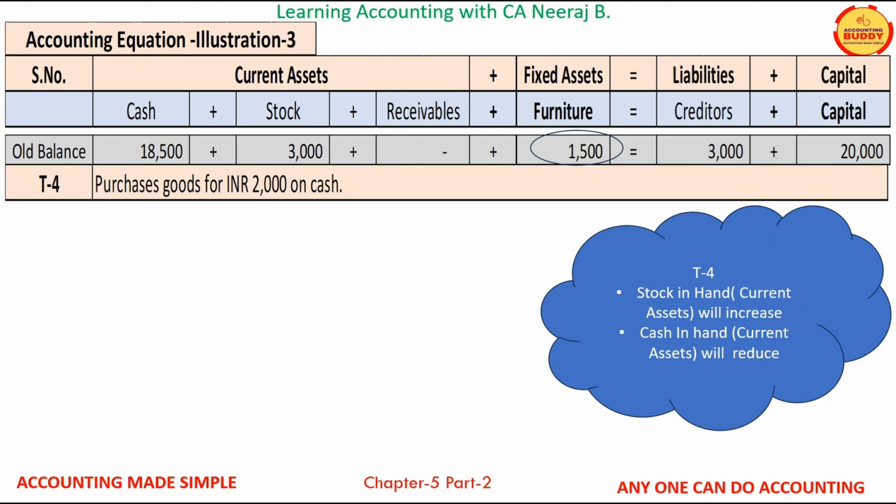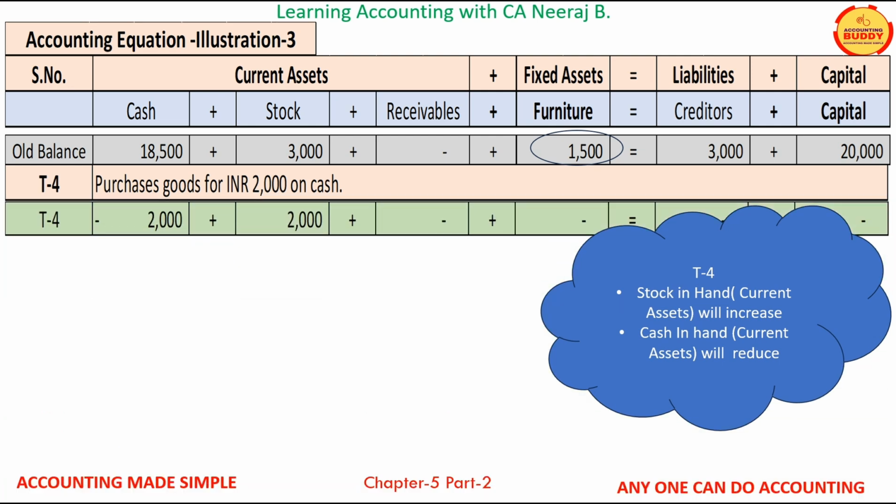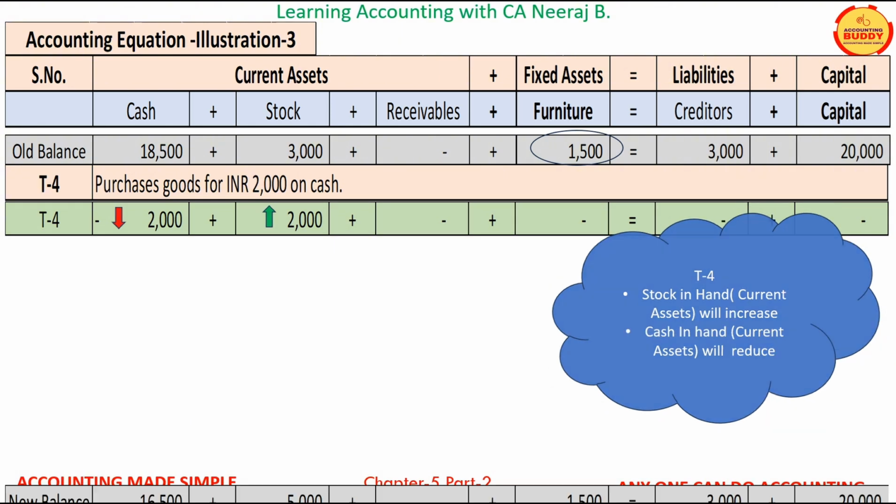If you analyze this transaction, stock and cash are the two accounts which are affected by this transaction. Since both stock and cash are asset accounts, the effect of this transaction will be on the asset side of the accounting equation only. Stock will increase by 2,000 and the transaction being settled by cash, cash will be reduced by 2,000.